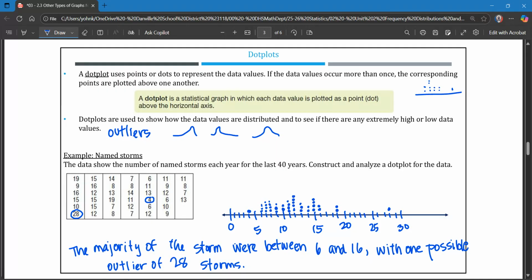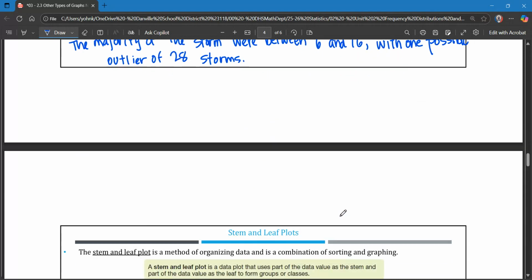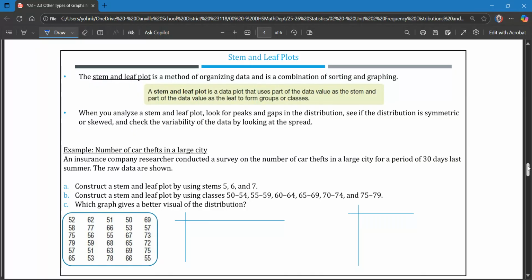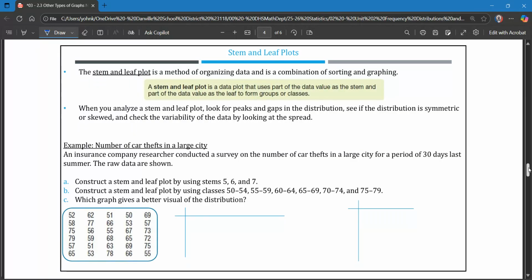Next one is called a stem and leaf plot. A stem and leaf plot is a method of organizing data and is a combination of sorting and graphing. The values in the data are split apart into tens digits and ones digits, and so it allows you to see the variation of numbers within a class without having to write every single number.